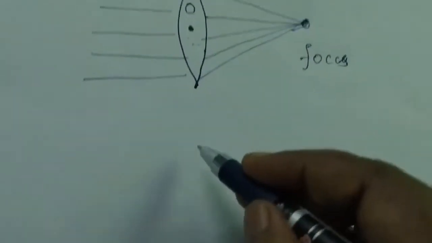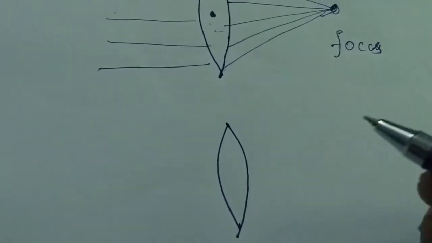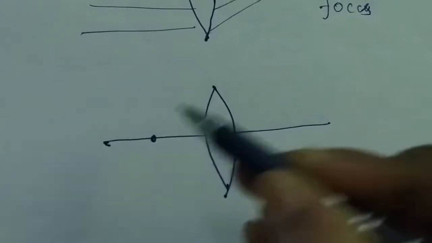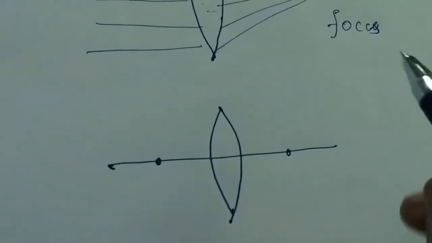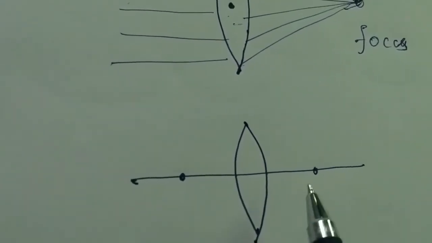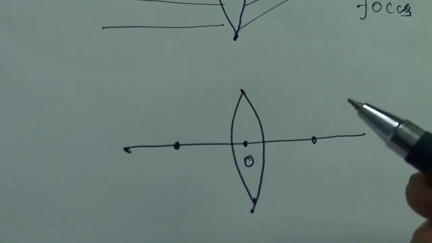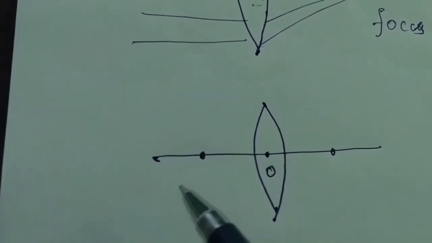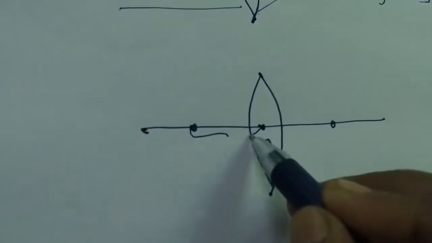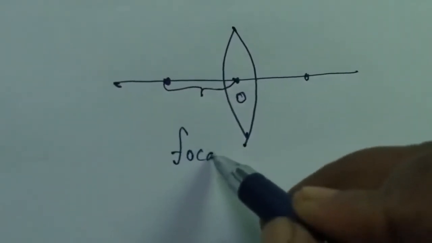So every lens will have two foci, one on the left side and another on the right side. The distance between the optic center O and the focus is called the focal length.